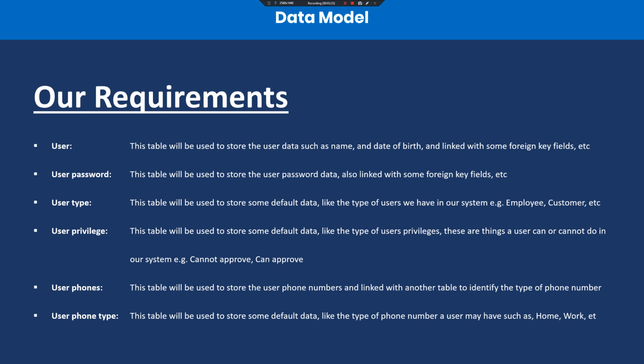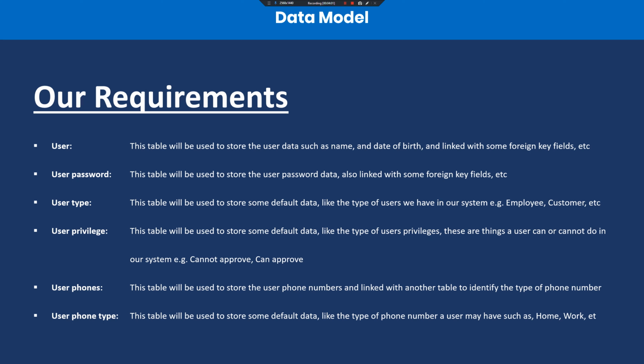We don't want to store our phone number in a way that we cannot identify whether a phone number is a work phone number or a home phone number, or even if two people might be allowed to share one particular phone number, because there might be one phone within a household, and you want to know whether two people could share one phone number within your application. That means we want to be able to have a restriction within our code level. But this video is not about coding. This video is solely meant for data model.